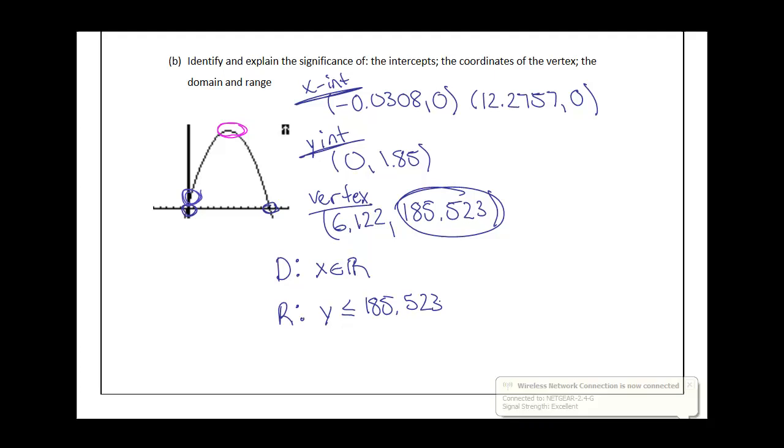Now that we've identified all of these properties, what is the significance of them? Well, in this example, instead of having coordinates that were supposed to be x and y, we were actually using coordinates of t and h. T being time and h being height.